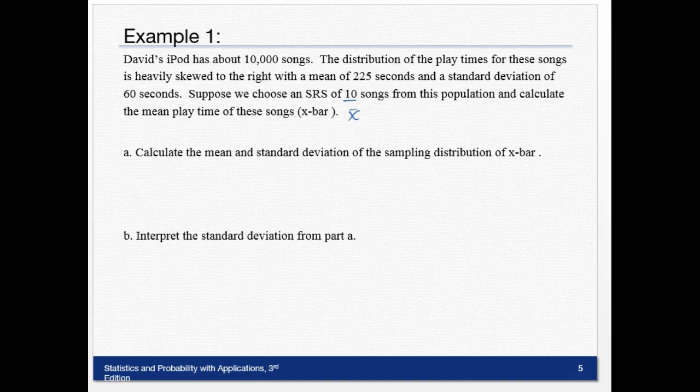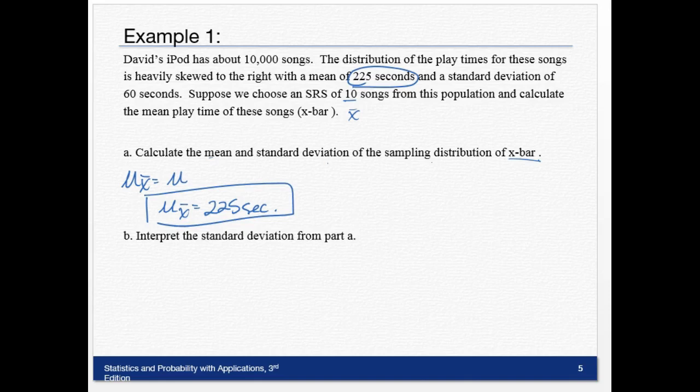So A says, calculate the mean and standard deviation of the sampling distribution of X bar. So we found that the mean of our X bar is equal to the population mean. So in this problem, the mean of X bar is 225 seconds. There's part of our answer.